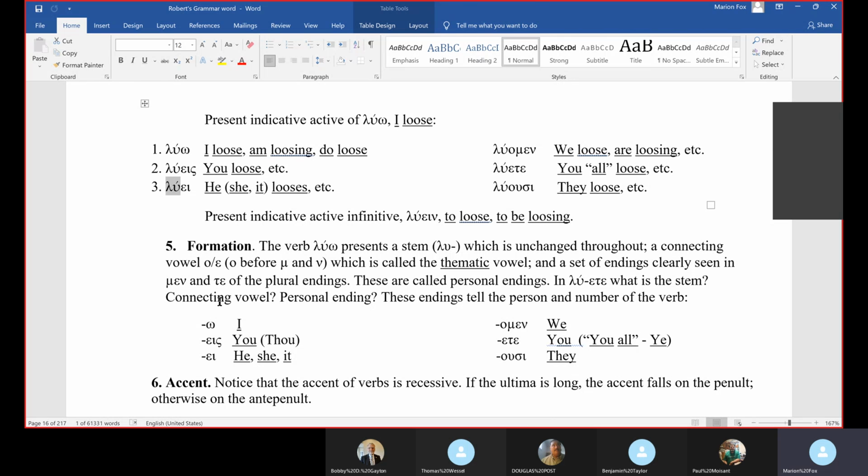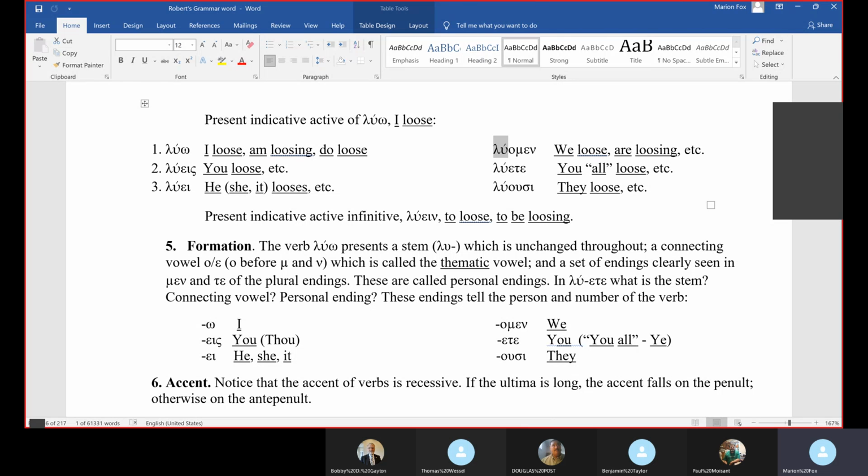Okay. Again, these endings: omega, ace, a. Then we take lu again, and we add omicron, mu, epsilon, nu: luomen. Lu is loose, and omen is "we loose." It's the pronoun "we."